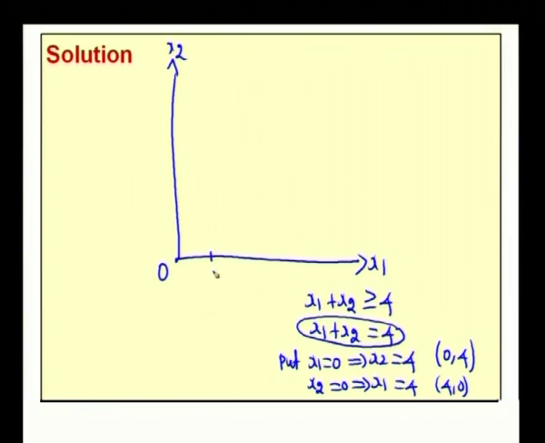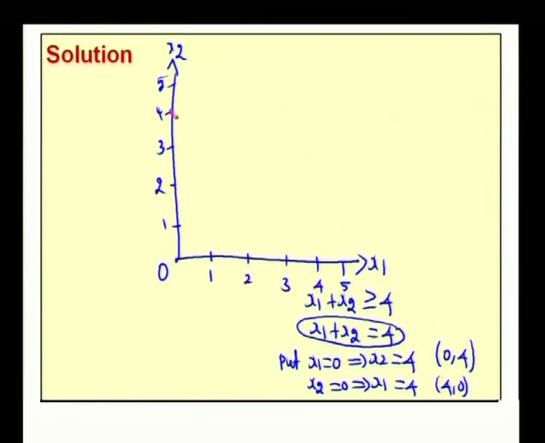Now, we take our scale as 1 unit equals 1 centimeter. This is our x1 axis and x2 axis, marked 1, 2, 3, 4, 5. The first equation x1 plus x2 equal to 4 is the line joining the points 0, 4 and 4, 0.